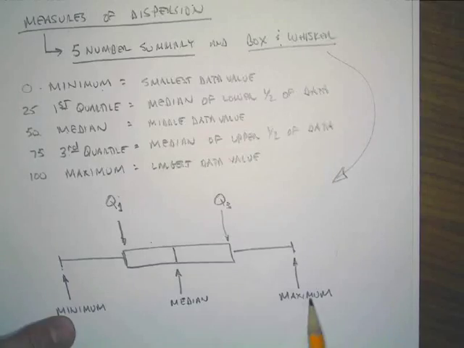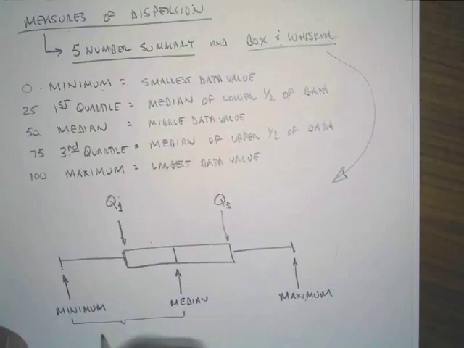Now, what's interesting is we can know some things about the data. If you have the min and the max, and the median is the data value in the middle, then we know that half, or 50% of the data, is in this range.